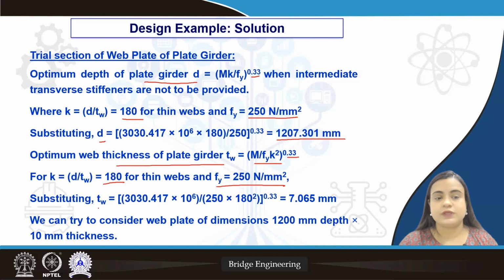By substituting the magnitude of all the parameters, we can determine tw equals 3030.417 times 10 to the power 6 divided by 250 times 180 square to the power 0.33. That is going to be 7.065 millimeter. So we can try to consider web plate having a dimension of 1200 millimeter depth and 10 millimeter thickness.